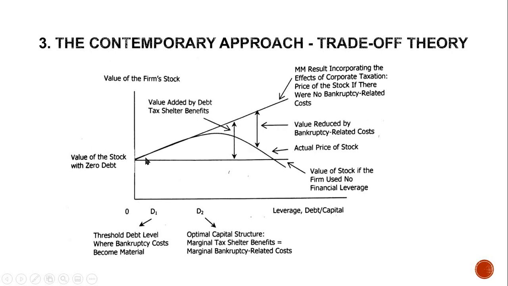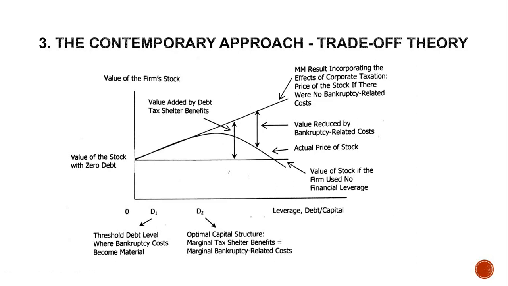The more you borrow money, it may increase the value of the firm, but at some point it will start to decline. The value of the firm will start to decline because the more debt financing and long-term liabilities you have, the higher the possibility of bankruptcy.